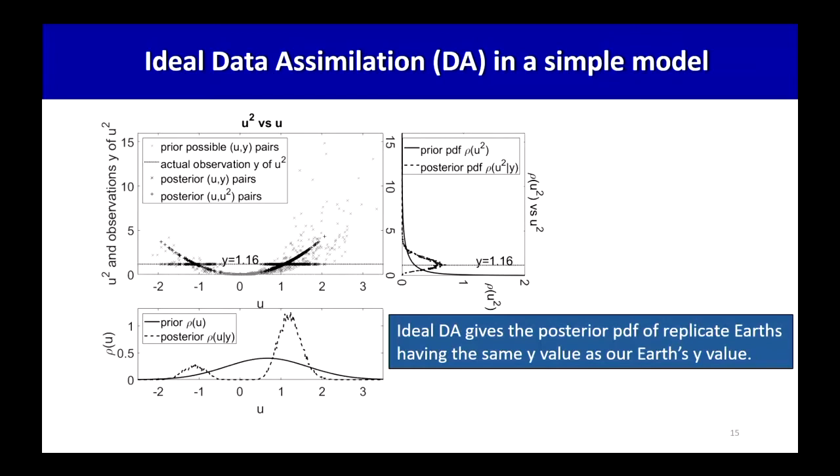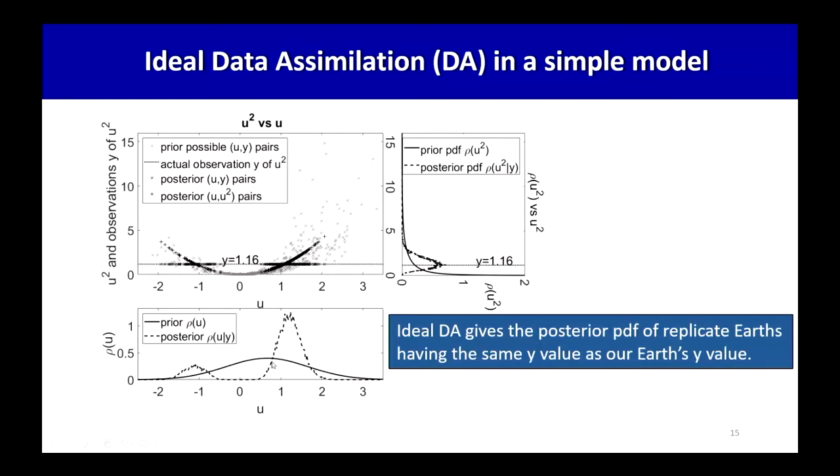Okay, sorry. Just to flesh that out, I'm trying to add additional information. So the prior density, in this case, I said I want all the replicate Earths that had the same movie loop of that GOES-16 in the Northern Hemisphere. But then off King Island, there's a density of u values, and this is that solid curve down there.